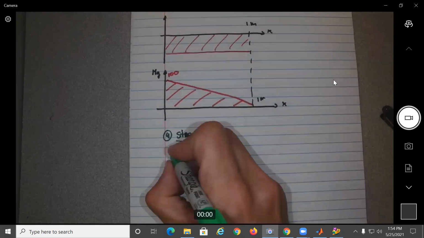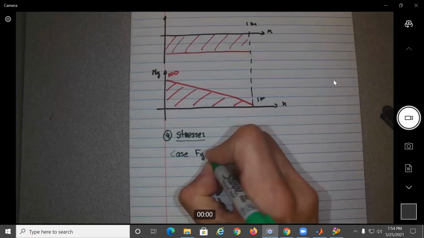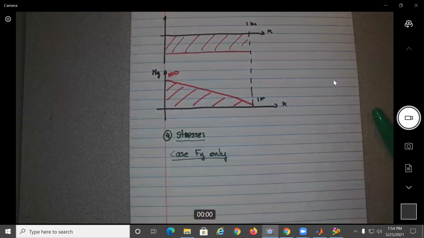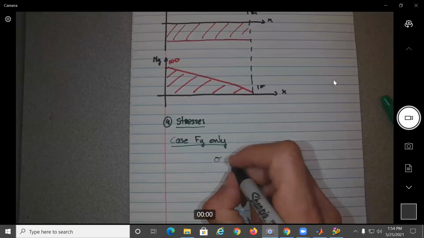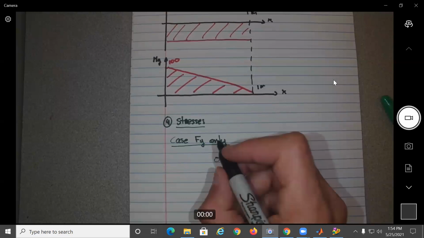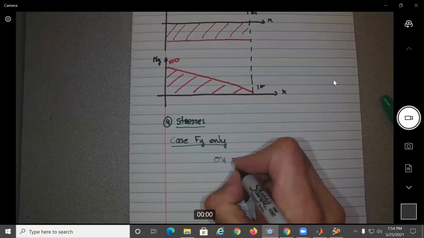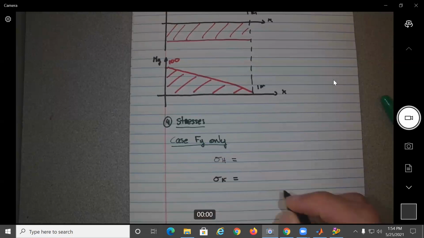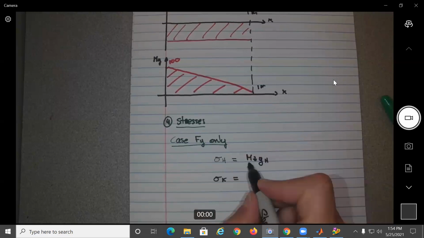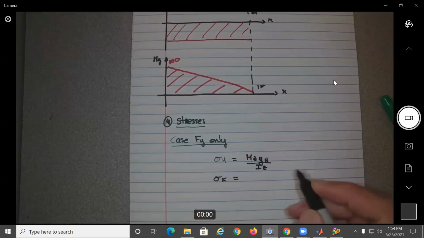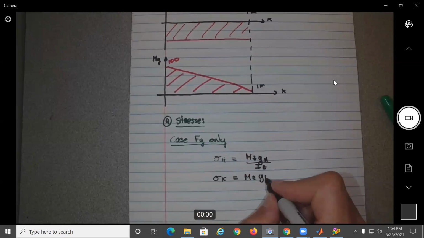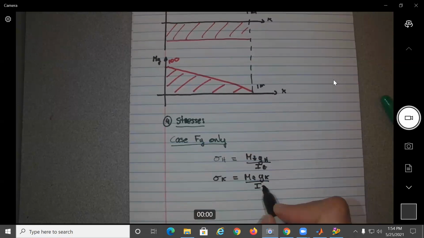So first we're going to look at case Fy only. So for Fy only, we're going to have sigma of H and sigma of K. Sigma of H will be equal to Mz times y of H divided by Iz, and sigma of K will be Mz times y of K divided by Iz.